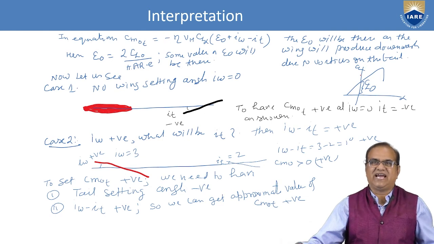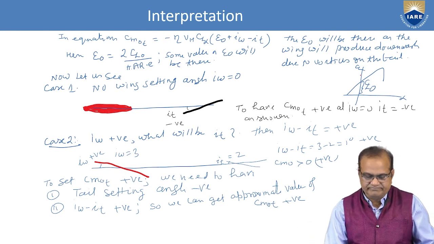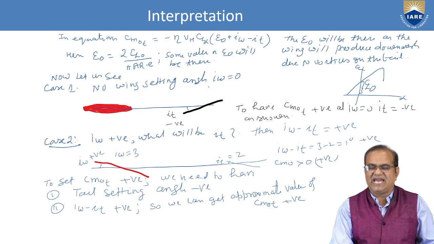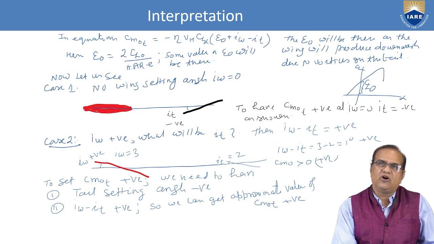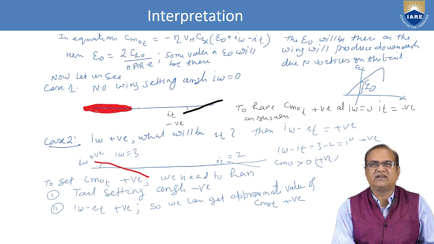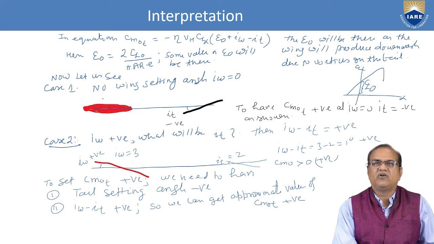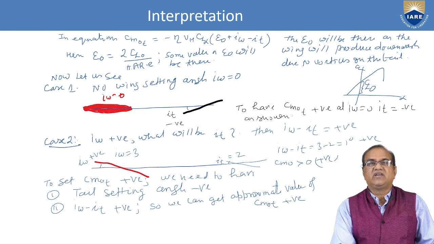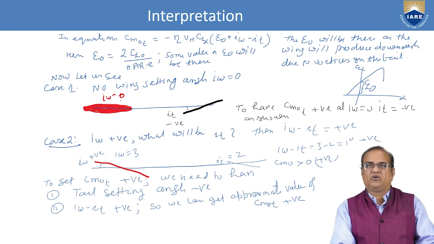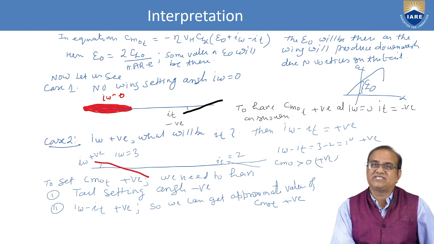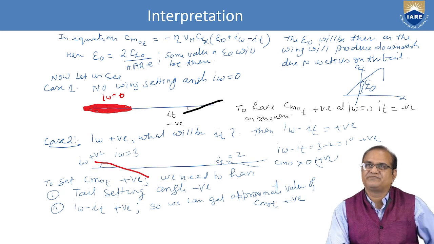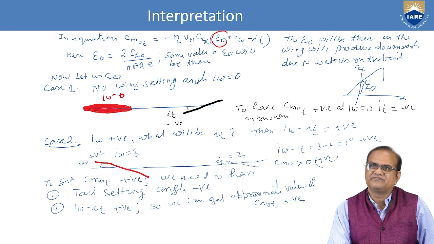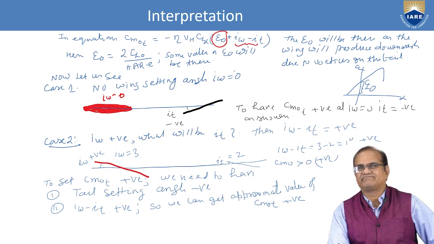So we can see here the first case, no wing setting angle. I have made this in red color, the wing airfoil, and here we have IW equal to 0. If the IW, the wing setting angle, is 0, so what will be the scenario? You can see here. Assume that I am not considering this. I am only considering these two parameters.